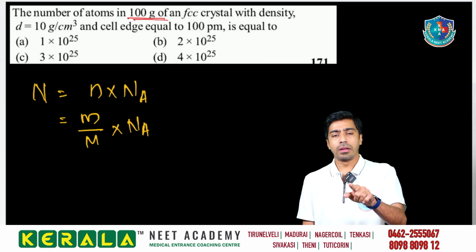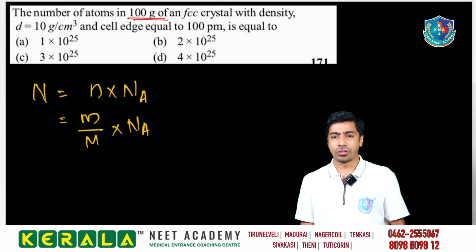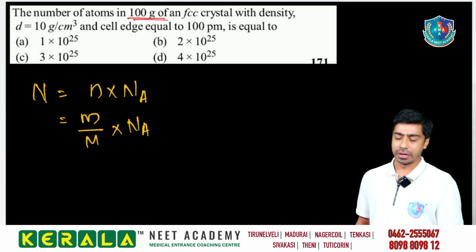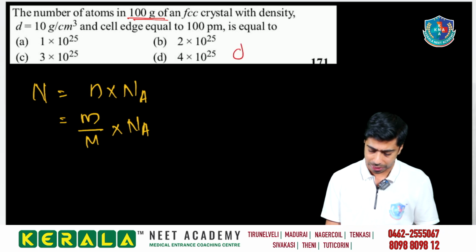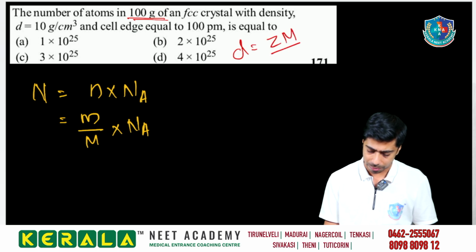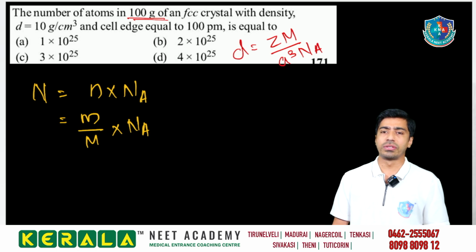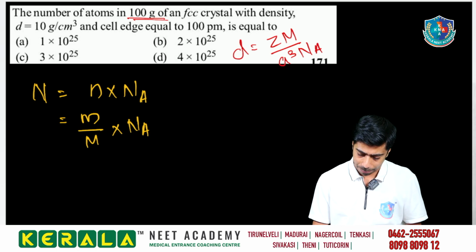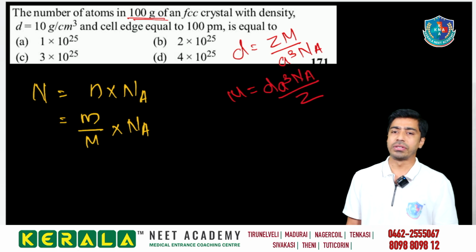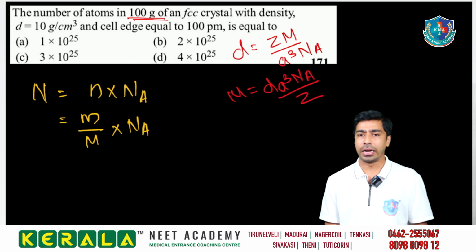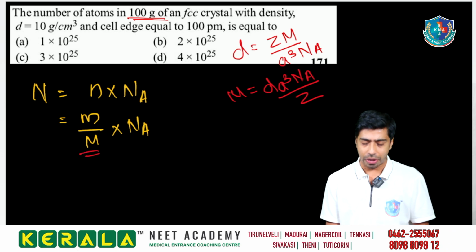The capital M is not provided, but instead the density of the substance is provided. So we know that density is equal to ZM by a³ Na, where capital M is equal to d a³ Na divided by Z. We substitute the value of capital M here.